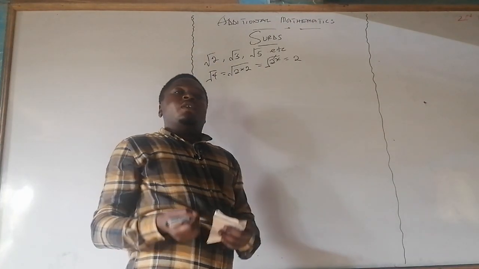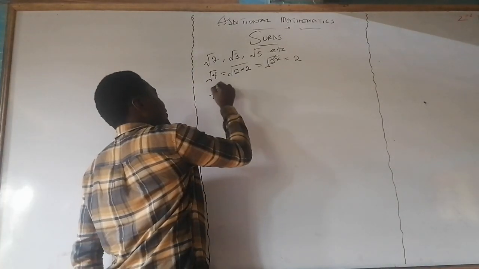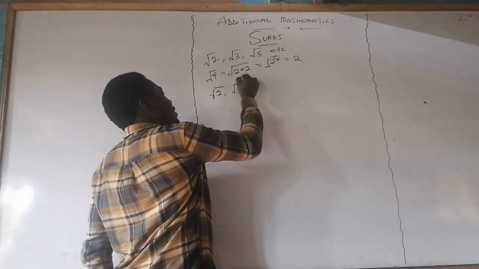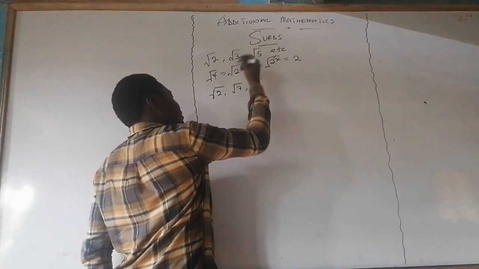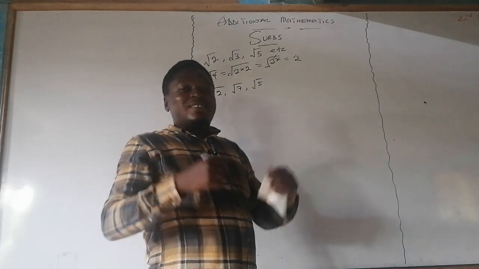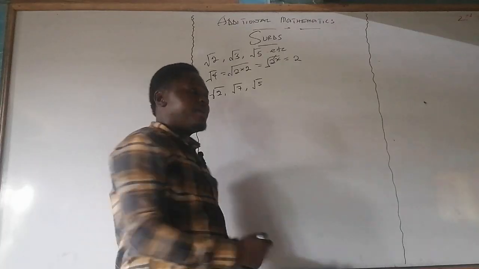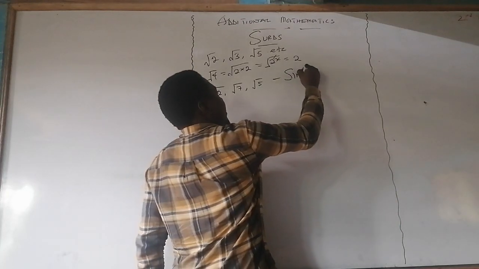However, the square root of a real number like the square root of 2, the square root of 7, the square root of 5, all these are surds. And once they are single like this, we call them simple surds.